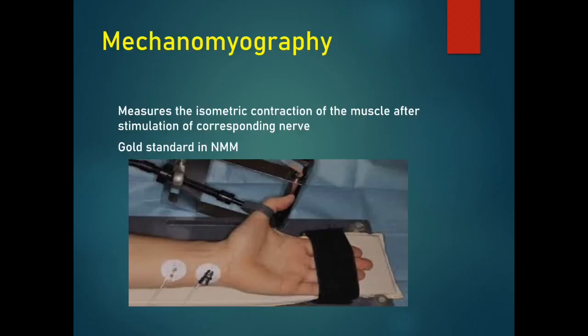First and foremost is mechanomyography, which measures the isometric contraction of the muscle after stimulation of the corresponding nerve. The picture depicts the ulnar nerve being stimulated and the adductor pollicis tendon being subjected to contraction, and this in turn is monitored.